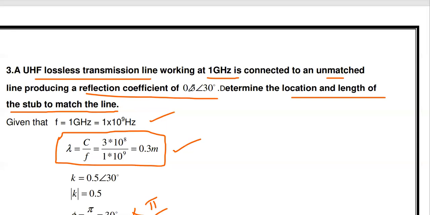If the same problem is given that way, we have to use the Smith chart method. I already solved some of these Smith chart problems. Nearly 5 Smith chart problems I already posted in videos. Those videos are available in the Transmission Lines and RF Systems playlist and the MCQ playlist. You go and watch. In the next video, we will see how to design the single stub using the Smith chart.